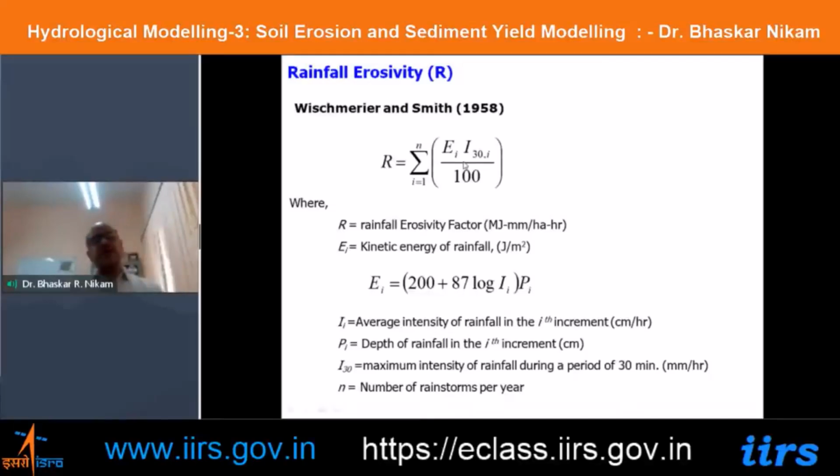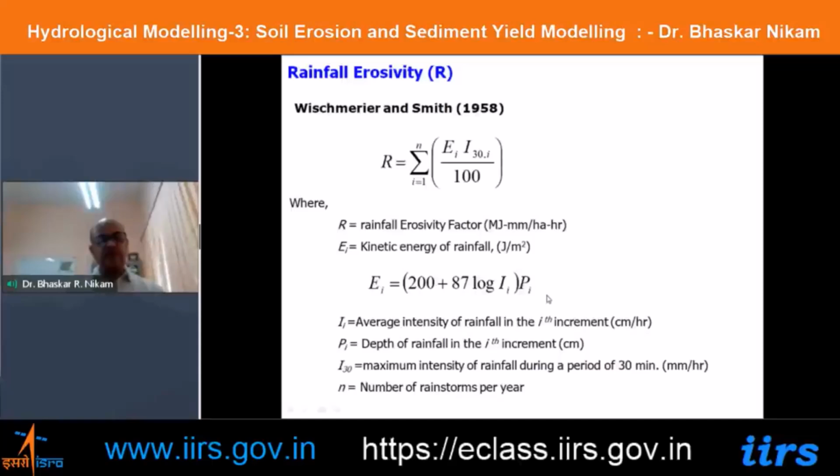It is alternately known as the EI30 factor, where E is the kinetic energy of rainfall and I30 is the maximum intensity of rainfall during any 30-minute interval. So if you plot an intensity curve of this rainstorm, and divide the x-axis into 30-minute intervals and keep moving it, the highest value of intensity that you get in 30 minutes is the I30. E is the kinetic energy, I is the average intensity of the storm, P is the total depth of rainfall.